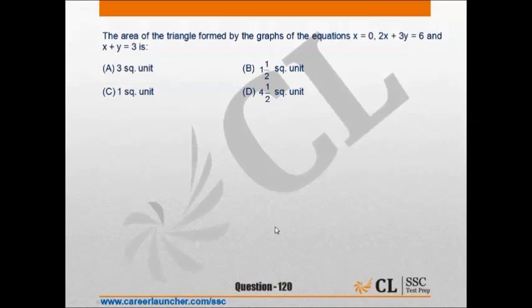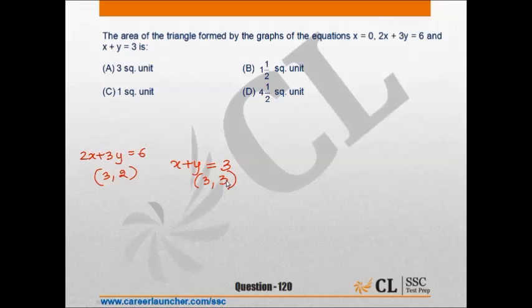The question is, the area of the triangle formed by the graphs of the equations x equal to 0, that is the y-axis, 2x plus 3y equal to 6 and x plus y equal to 3. Now, 2x plus 3y equal to 6 satisfies the point 3, 2 and x plus y equal to 3 satisfies the point 3, 3.